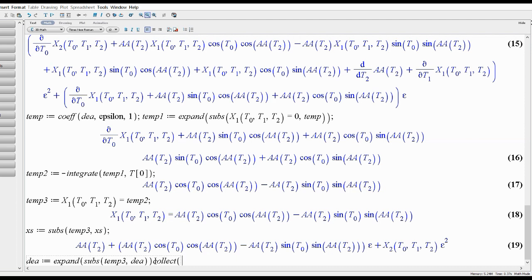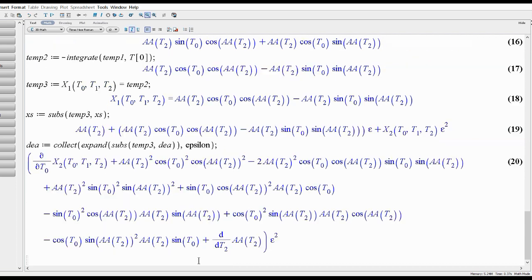I keep doing this. Collect for epsilon. Okay, so now the whole thing is second order, but that's all right. That's what we expect. Over here, this is the time varying part. Over here is something that does not change on the t0 time scale.